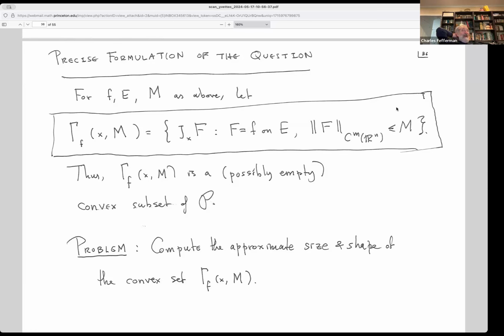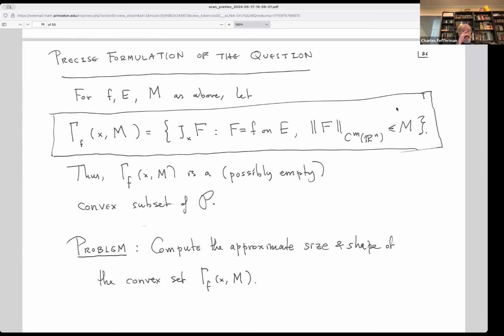Notice that it's possibly empty, because if I'm greedy and I take M to be small enough, there will be no such capital F, and so the gamma will be empty. But if capital M is not too small, then gamma will be non-empty.